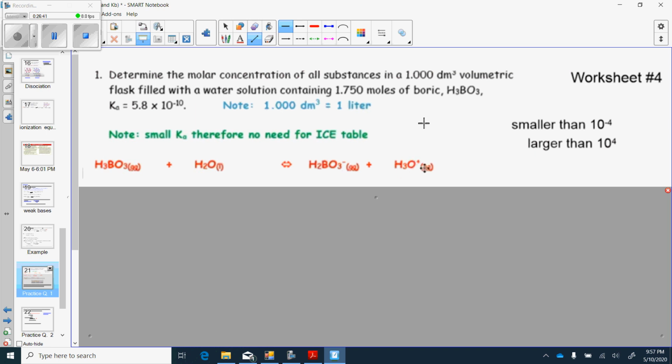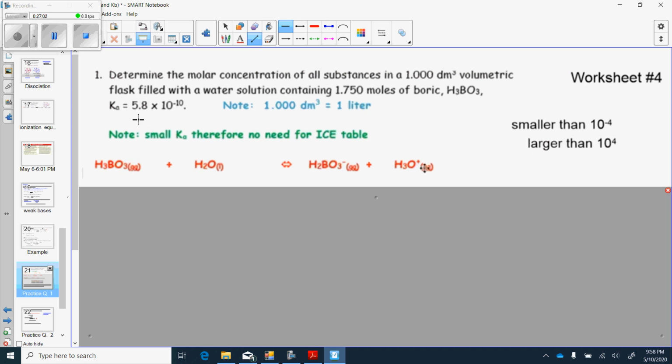My next question, right here in green: do we need to use an ice table or not? And remember the approximation rule. If your Ka is greater than 10 to the 4 or smaller than 10 to the -4, the change in ions is too small to worry about.